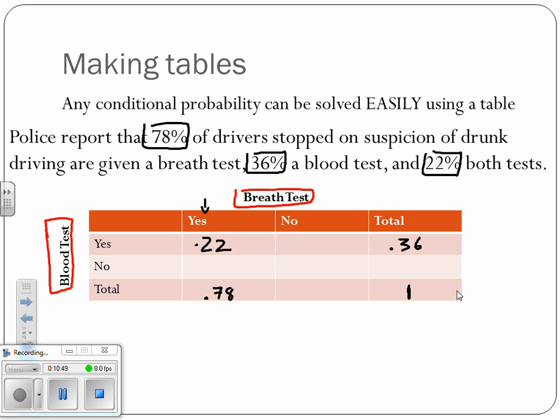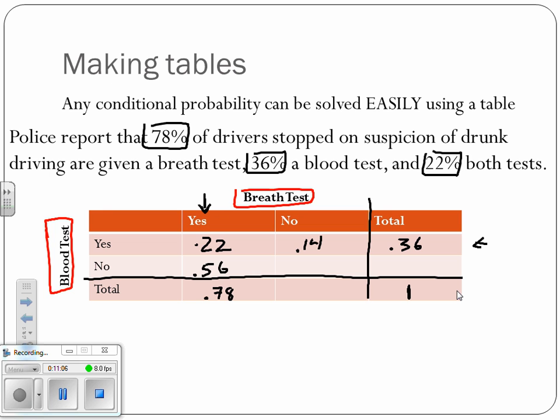And so what we're going to do here is fill in all the gaps, summing things together. So this row should add up to 0.36. This column should add up to 0.78. And then each column should sum together, and each row should sum together to be the total.